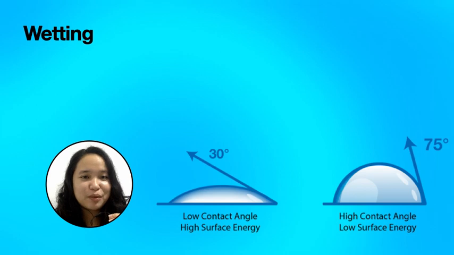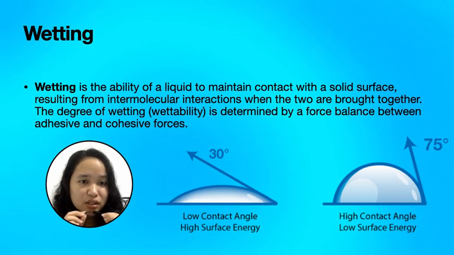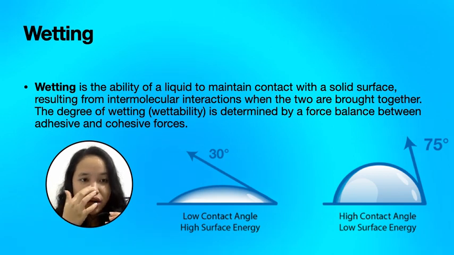So wetting is the ability of a liquid to maintain contact with a solid surface, resulting from intermolecular interactions when the two are brought together. The degree of wetting, or wettability, is determined by a force balance between adhesive and cohesive forces.